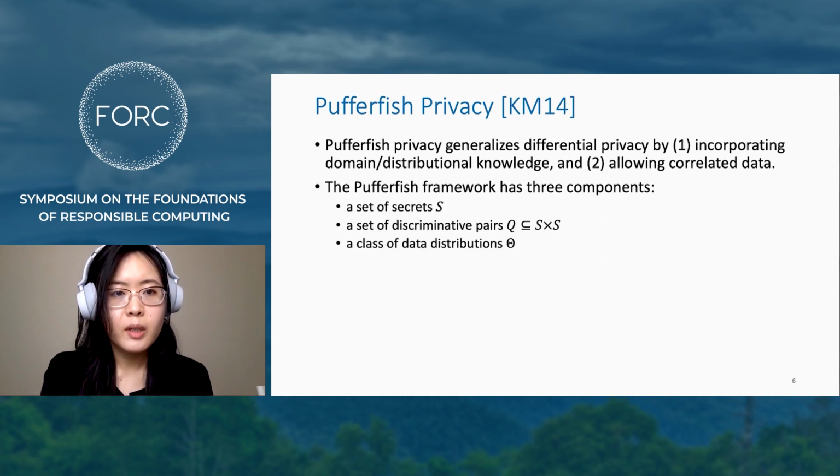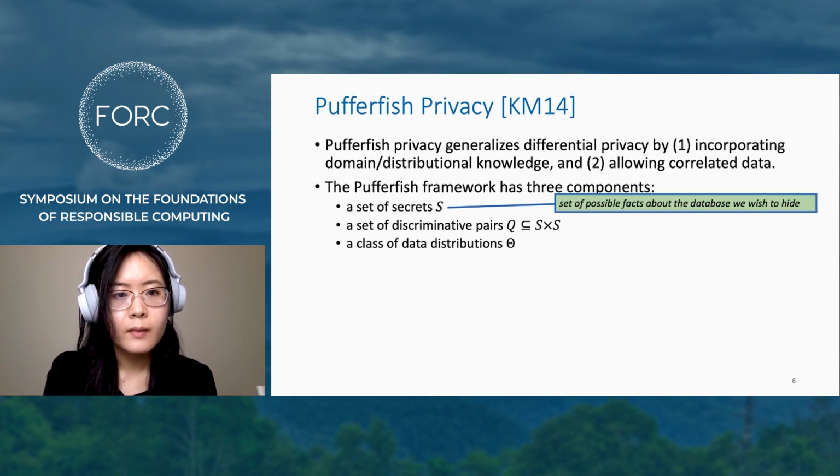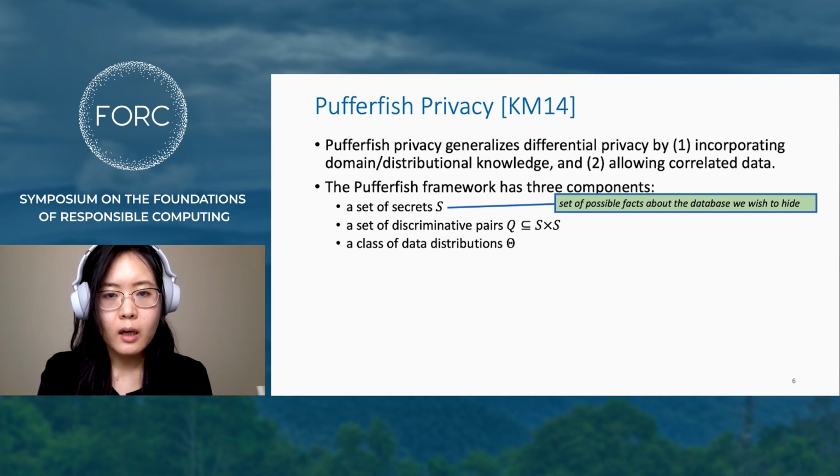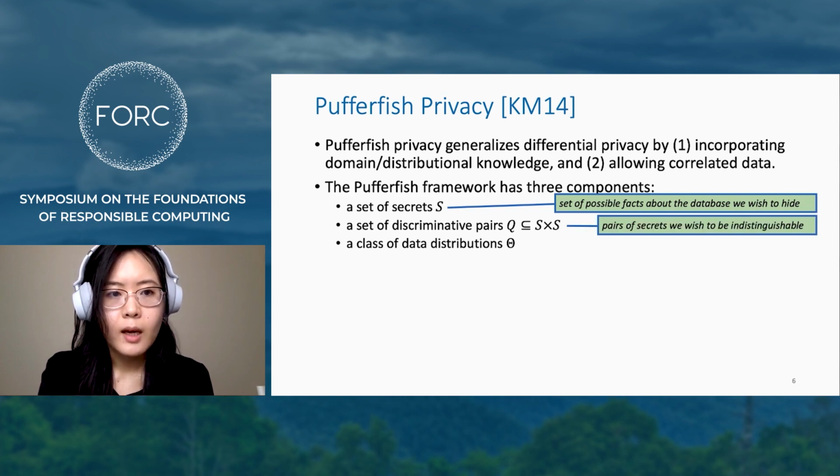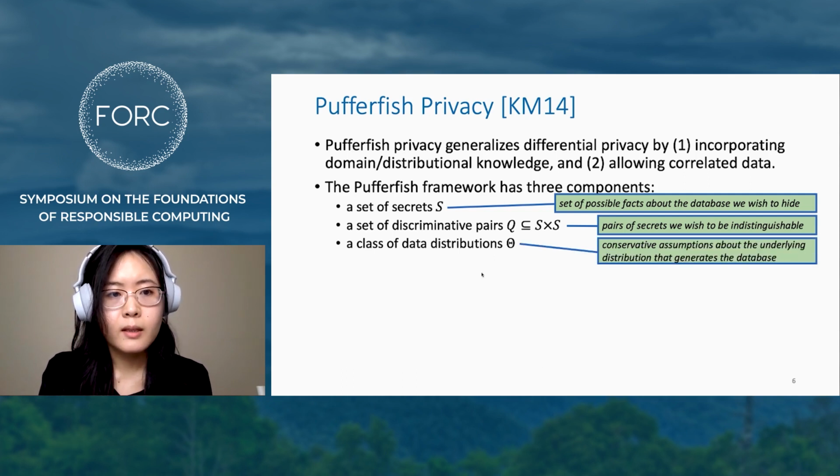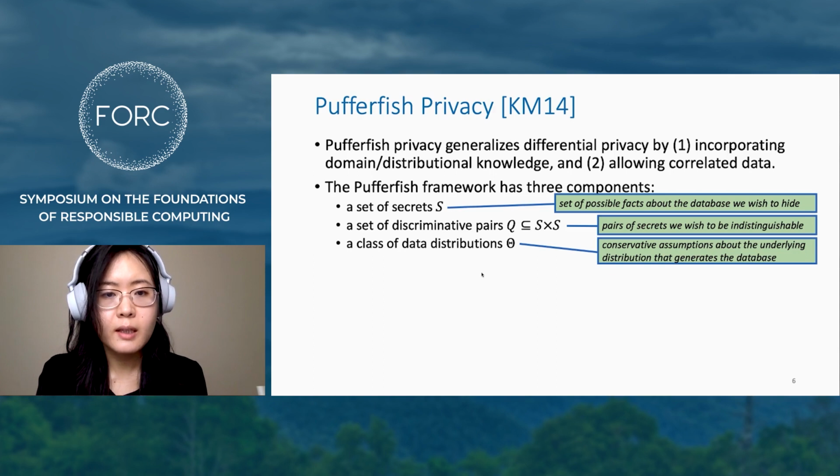The pufferfish framework has three components: a set of secrets S, which are possible facts about the database we wish to hide, and a set of discriminative pairs, which are pairs of secrets we wish to be indistinguishable. And there is the class of data distributions Θ, which captures conservative assumptions about the underlying distribution that generates the database.